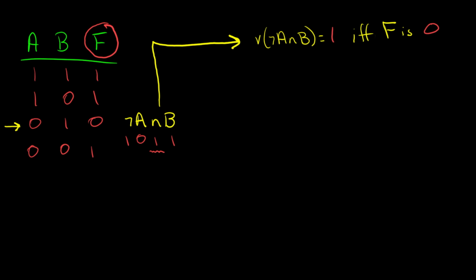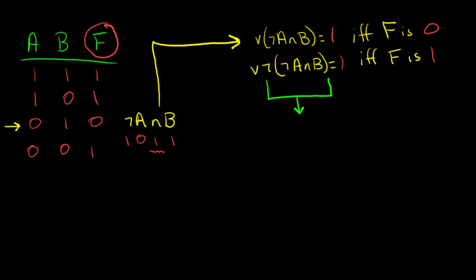So what this would mean is that if we negated that formula, not A and B, well, this particular formula would be true if and only if this function f is true. So it's this formula that we want to represent our function f, because this particular formula will be true whenever this function f is true.